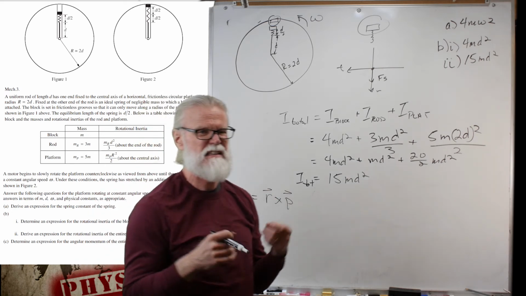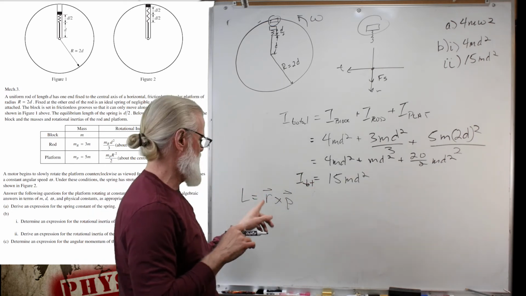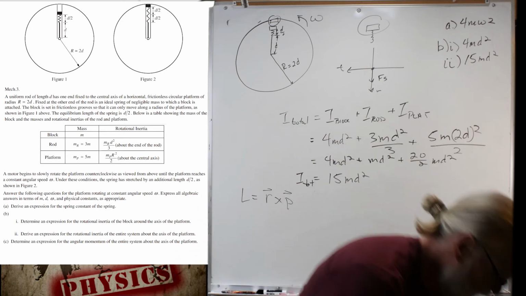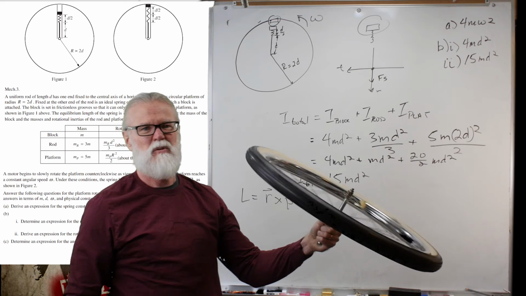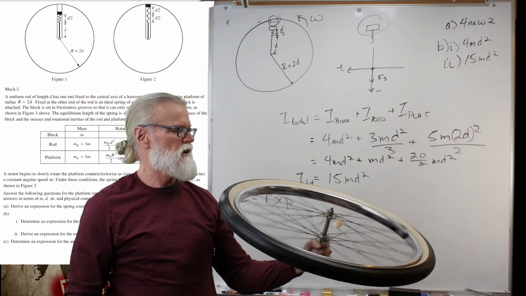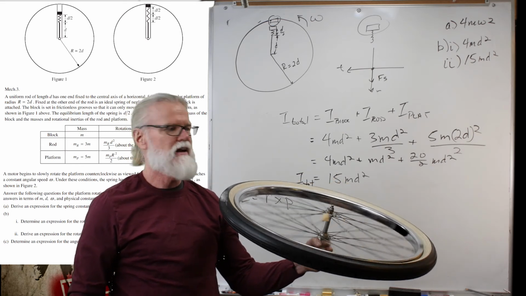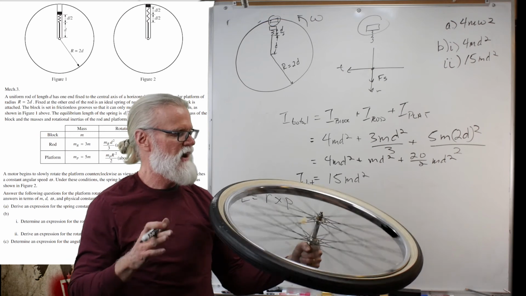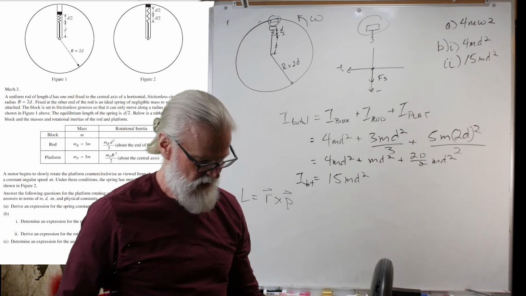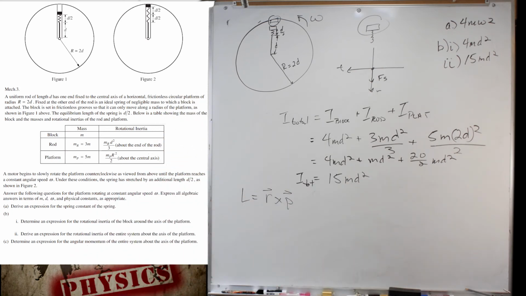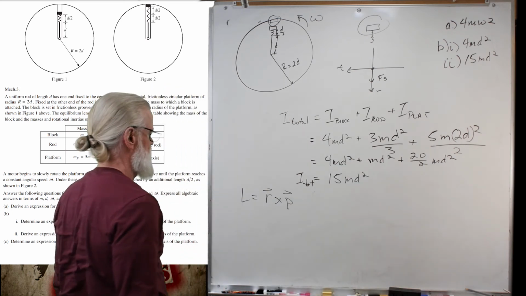If we're taking a look at just particles, it's r cross p. But if we have something that's spinning around an axis like this, we're going to use Iω, right? Anything spinning on an axis, or something thrown up in the air and rotating freely, we're going to use Iω.